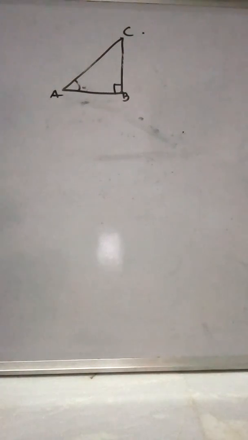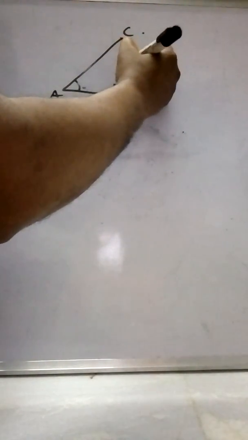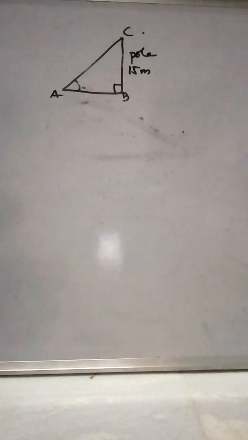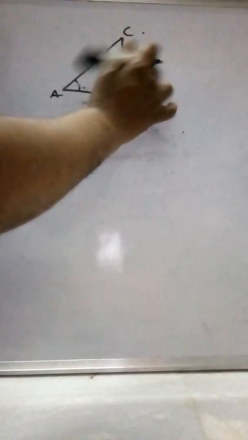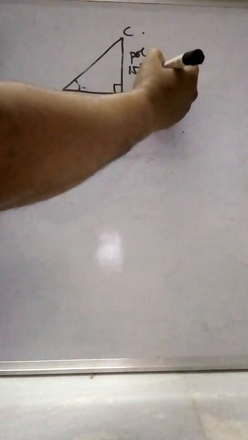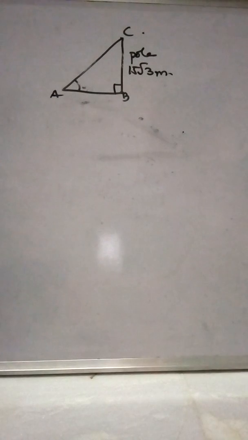Okay, so length of the shadow of a 15-meter high pole. So this BC is the pole and it is 15-meter high, and sorry, 15 root 3 meter, and the time is at 7 o'clock.